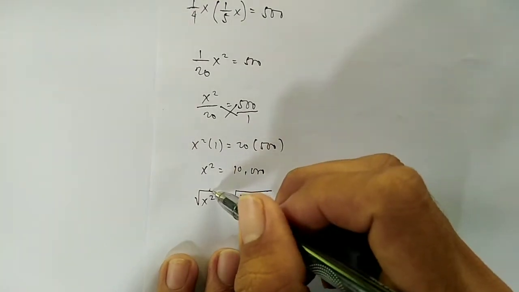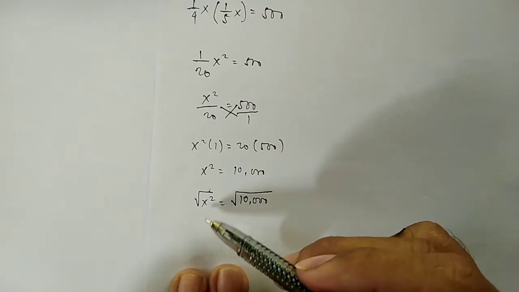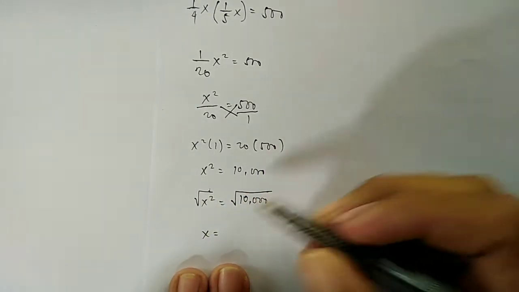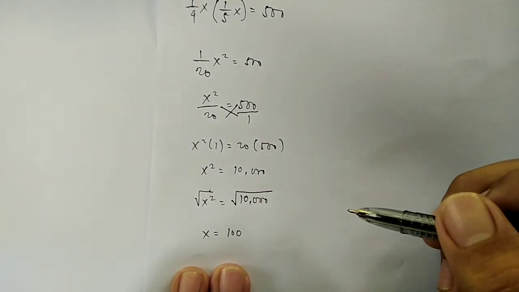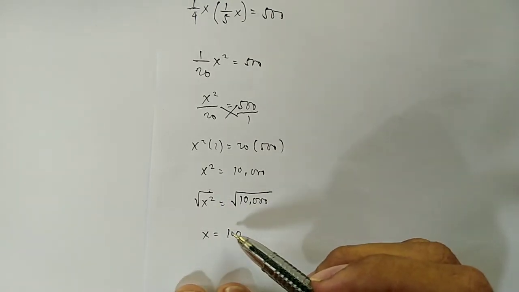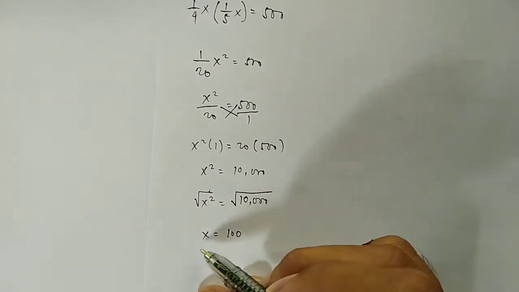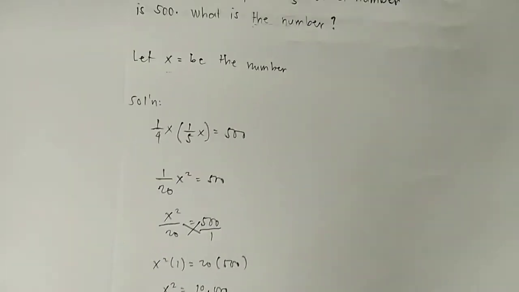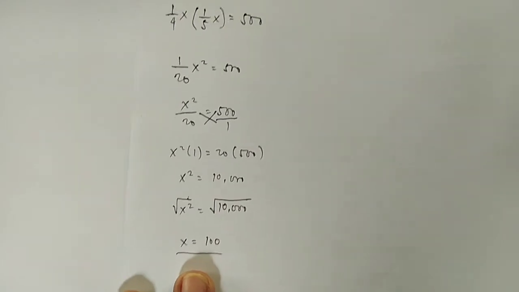The square root of x squared is x, and the square root of 10,000 is 100. So we already have the number represented by x, and that is equal to 100.